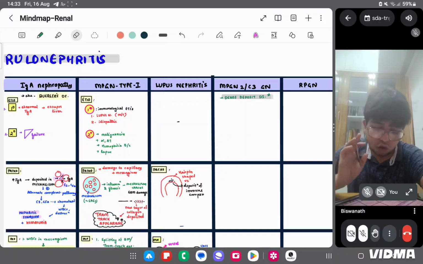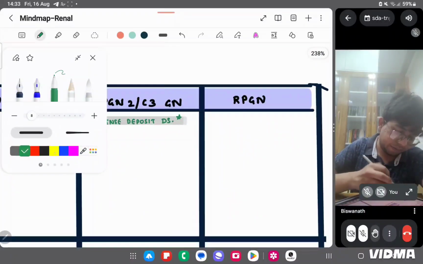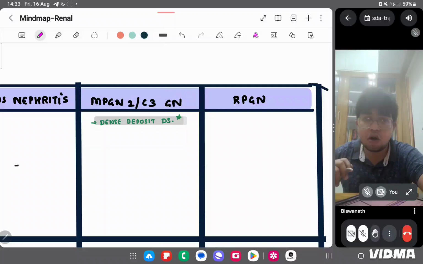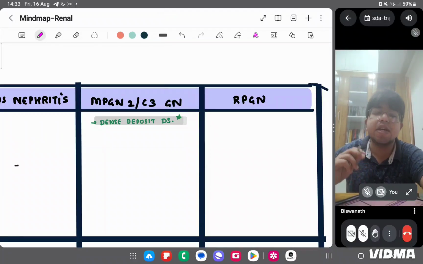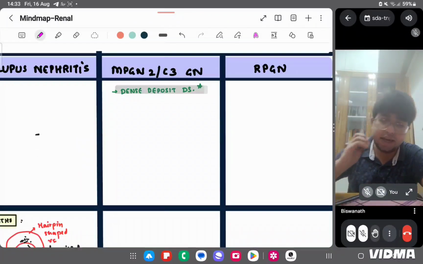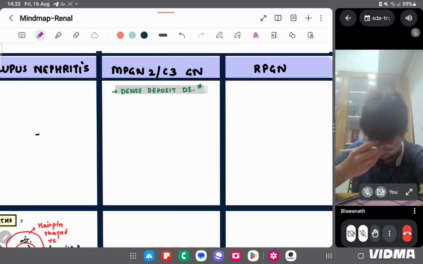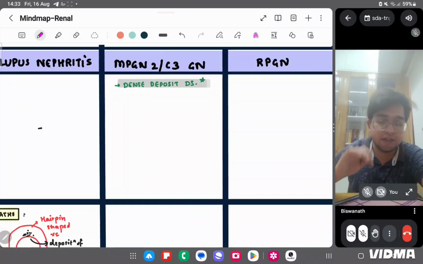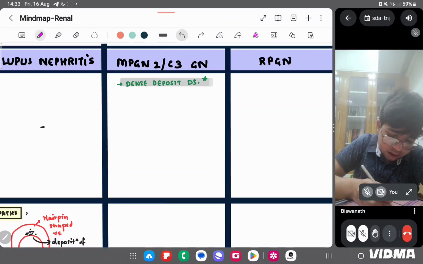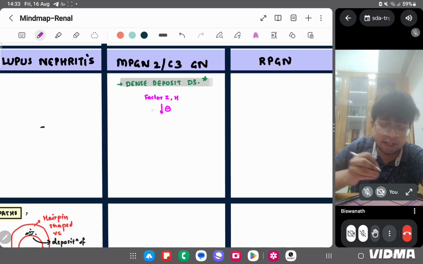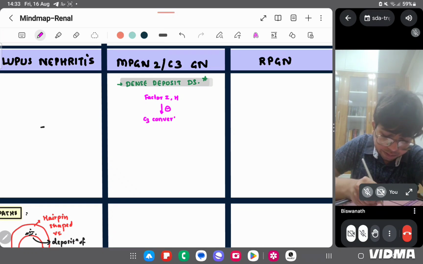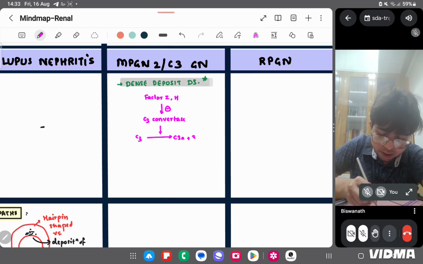So whatever I told, let's write. Whatever I told is all about MPGN type 2, or C3 induced glomerulonephritis. So the etiopathogenesis is basically the C3 nephritic factor. The basic thing happening is this: start with factor I and H. They inhibit the C3 convertase, the enzyme converting C3 into C3a plus C3b.